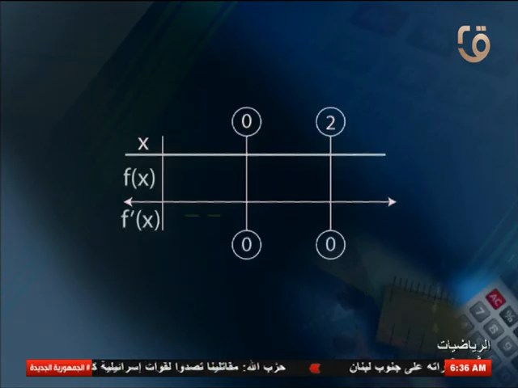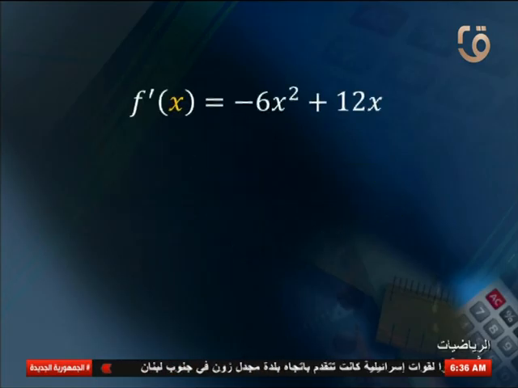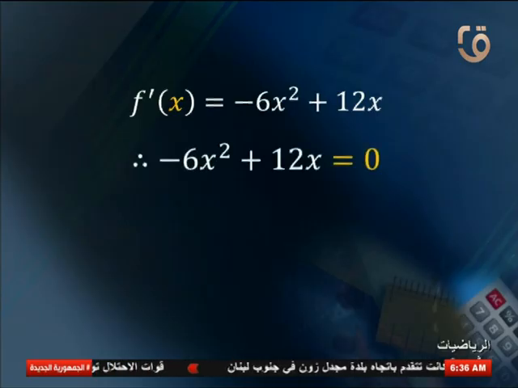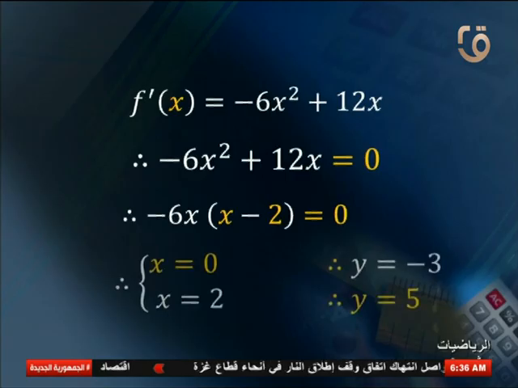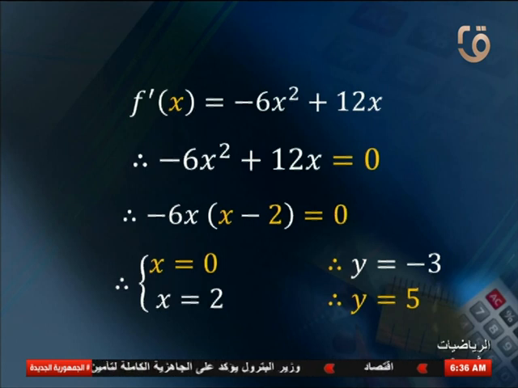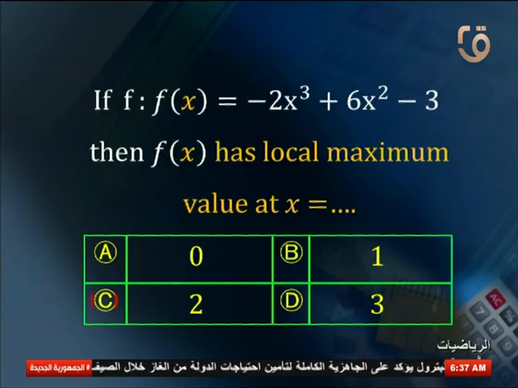F dash of x equals what? Look at, my dear student, -6x squared plus 12x. After that, it equals 0. What are the zeros? X equals 0 or x equals 2. In this case, when x equals 0, y equals -3. When x equals 2, y equals 5. Then the local maximum is when x equals 2.